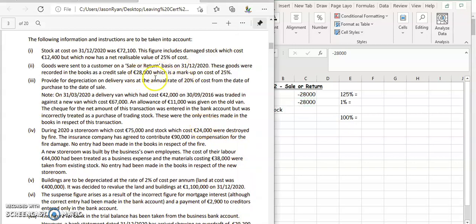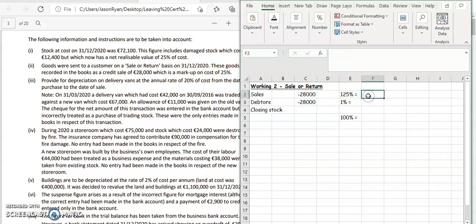So it tells us that this 28,000 is a markup at 125%, or 25%. So this 28,000 is 125%. So 1% is 28,000 divided by 125. So that's going to be 224.